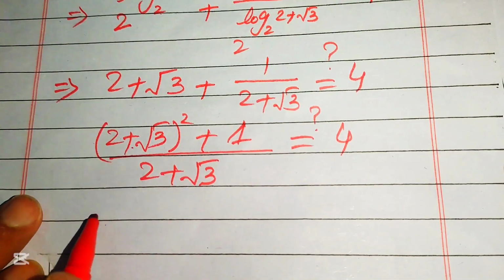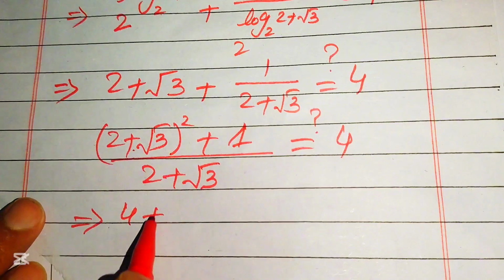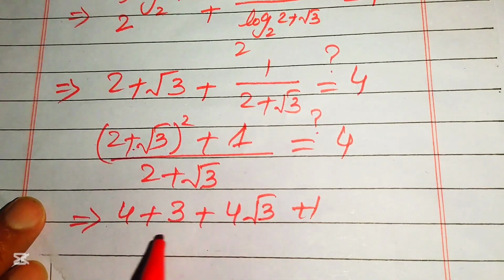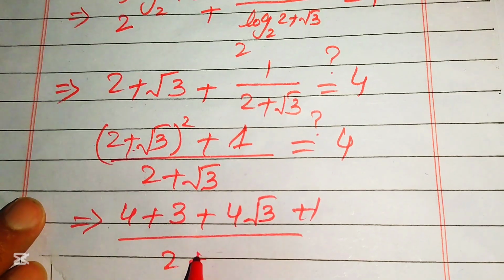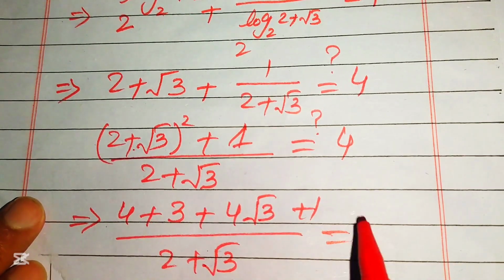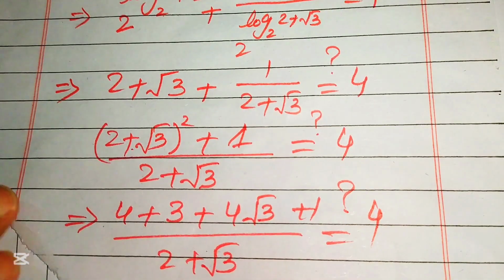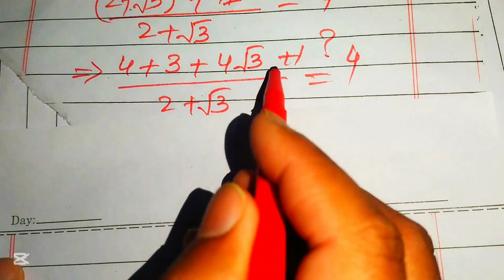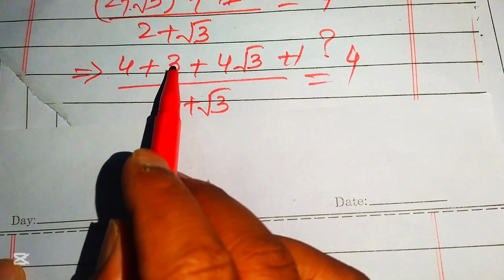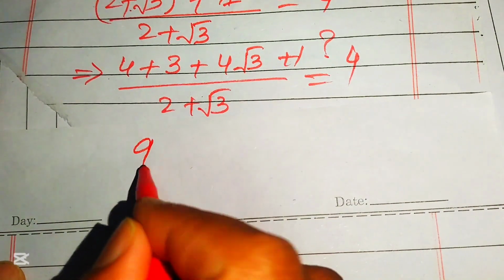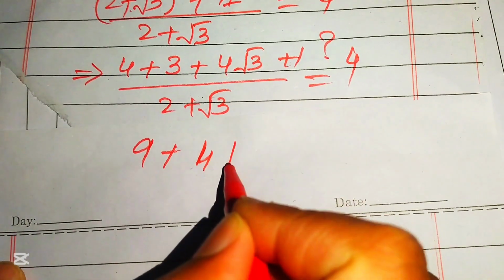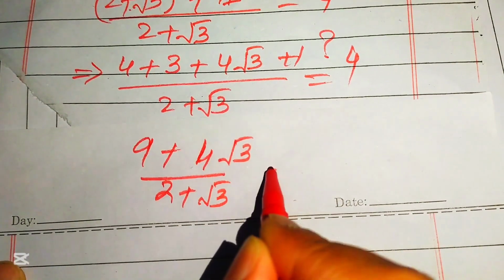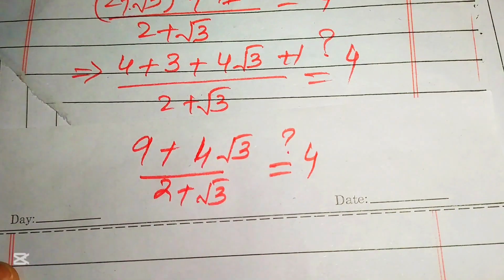Here we need to expand this square formula, and it will be written as 4 plus 3 plus 4 times square root of 3, plus 1, divided by 2 plus square root of 3, and we check whether this equals 4 or not. From here we need to simplify these terms. So we get 4 plus 3 becomes 7, 7 plus 1 is 8, plus 4 times square root of 3, divided by 2 plus square root of 3, and we check whether this equals 4.